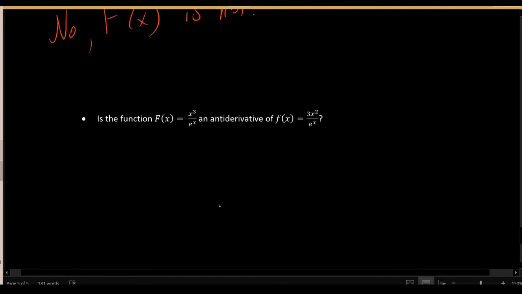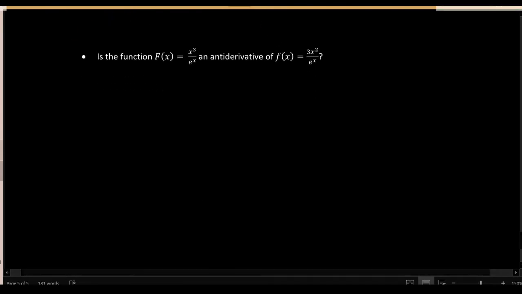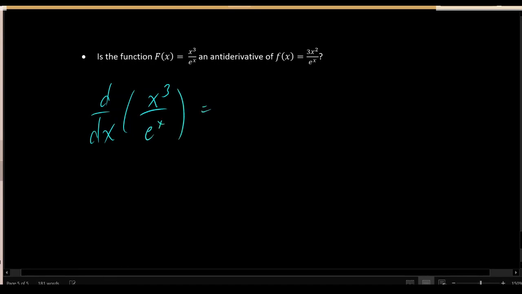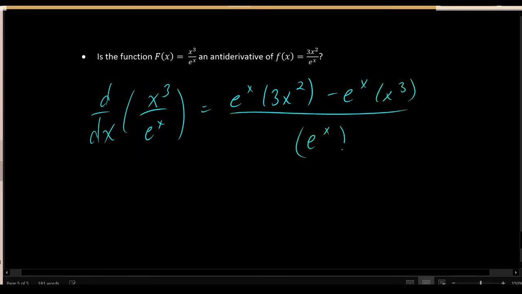The problem exists with quotients as well. Let's really see it. If I take the derivative of x cubed divided by e to the x, then I get bottom times the derivative of the top minus the top times the derivative of the bottom, all over the bottom squared.